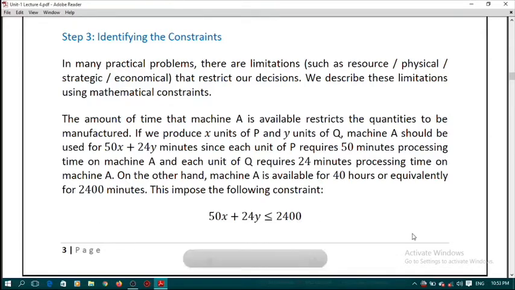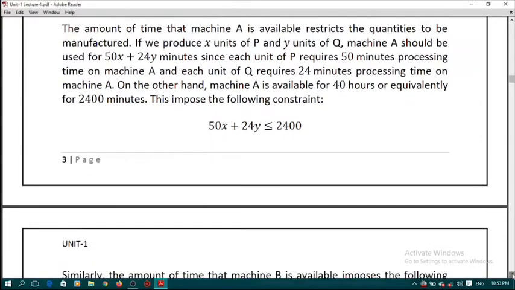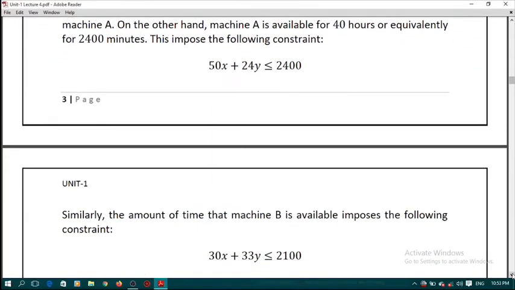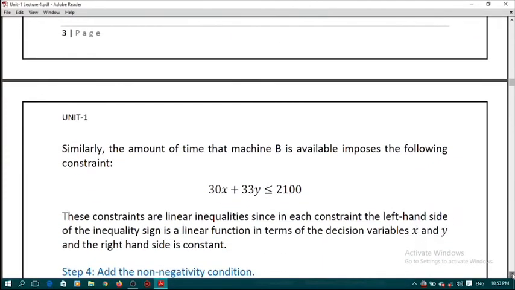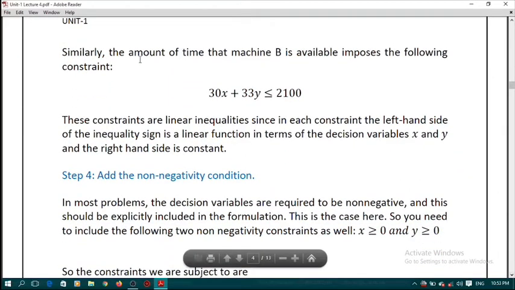Now the same applies for machine B. Similarly, the amount of time that machine B is available imposes the following constraint. That is 30x plus 33y, which is less or equal to 2100.